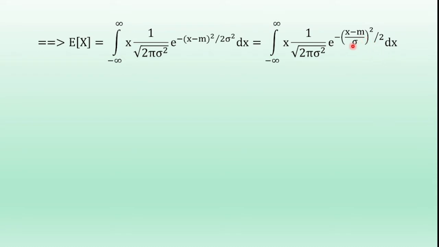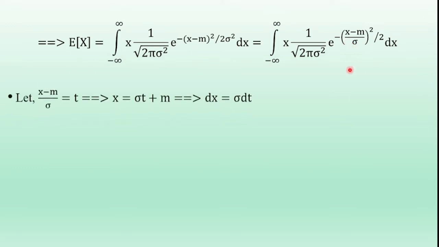Now here on the RHS, let (x minus m) by sigma be t. So (x minus m) by sigma is equal to t. Taking the cross multiplication, m goes to the RHS, and we have x is equal to sigma t plus m. Differentiating with respect to t, dx is equal to sigma into dt. Now x ranges from minus infinity to plus infinity.